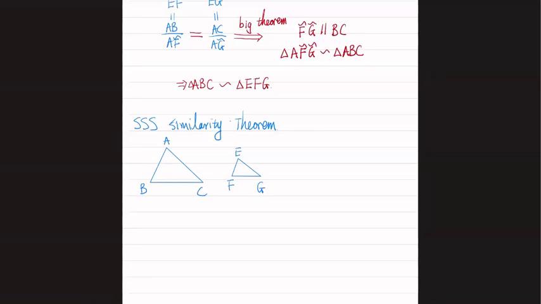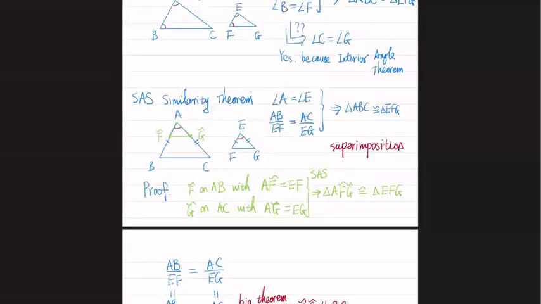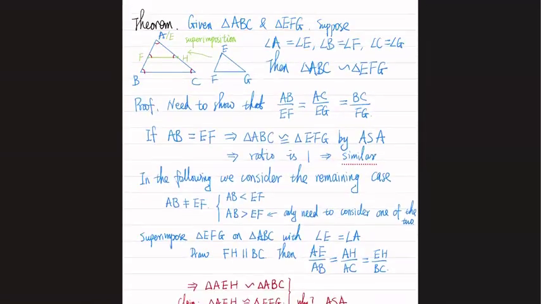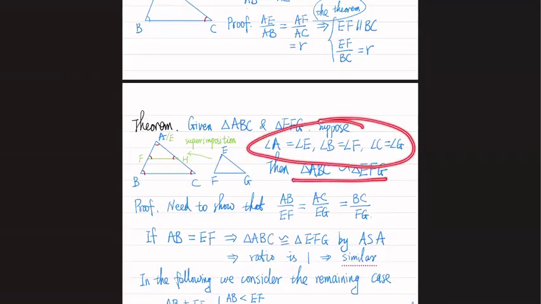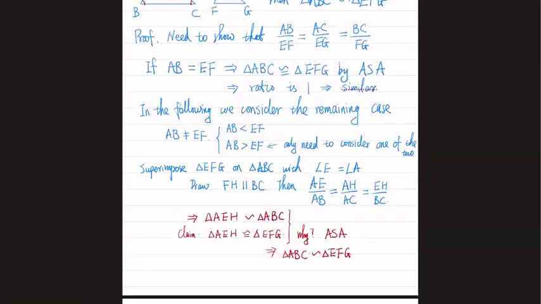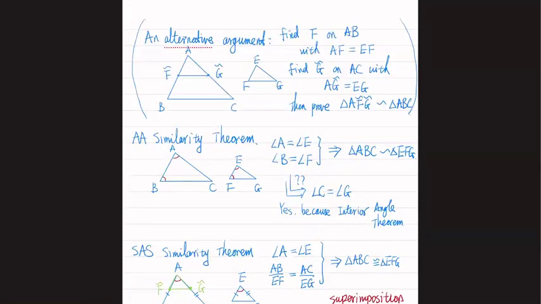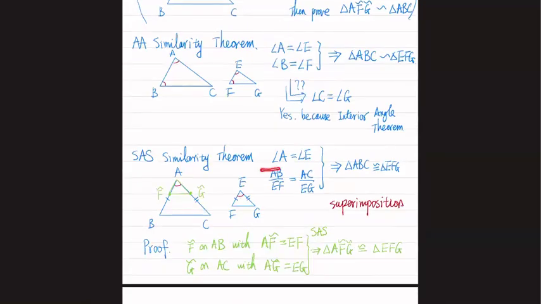Okay, let's track what we have done. We started with 3 angles. We get similar triangles. Use the interior angle theorem, we can reduce to two angles. We get similar triangles. If we have extra information about the size, we only need one pair of angles.